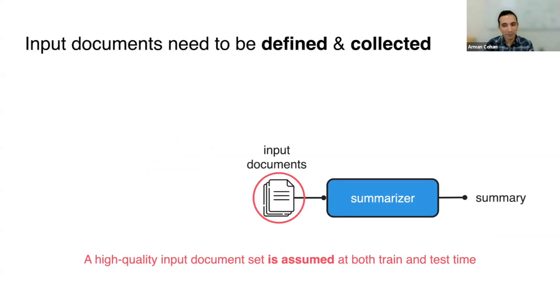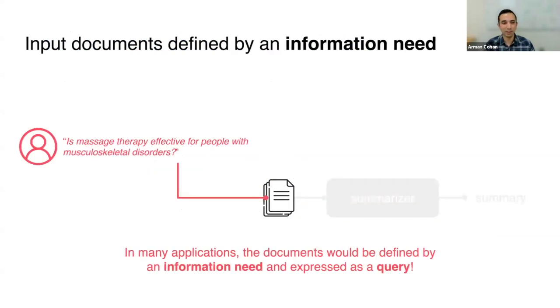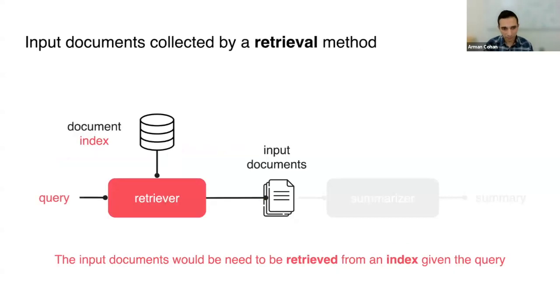Most of the existing work in multi-document summarization assumes that the input documents are already given and are of very high quality, both at training and testing time. However, in many applications, these documents would be defined by an information need, and this information need is expressed as a query by the user.